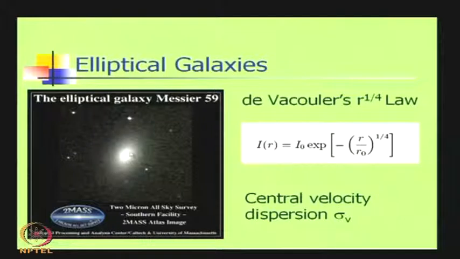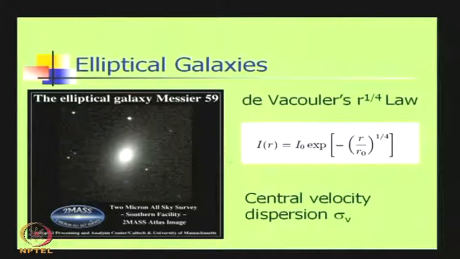Now, the specific intensity obviously falls off as you go away from the center. This fall off of the specific intensity away from the center is found to be well described by what is called de Vaucouleurs' r to the power 1/4 law.